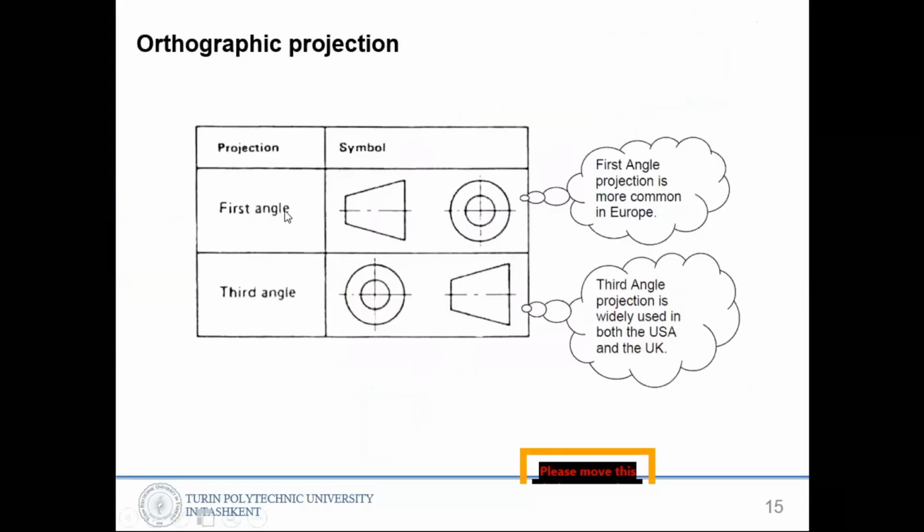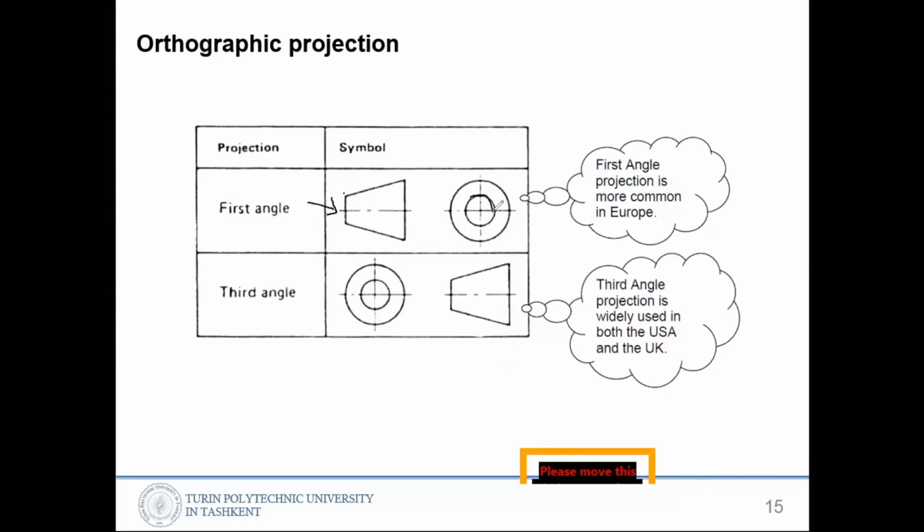Okay, so with the first angle projection, at the edge of your drawings, in one corner, you will have this kind of marking. The first one is the first angle projection method, because you are looking from this side. If you look this way, you will see this edge, and then that edge.